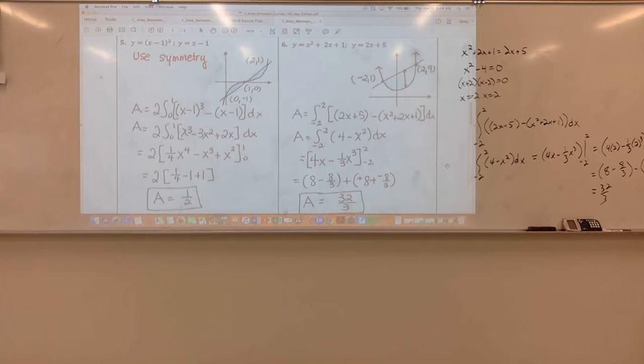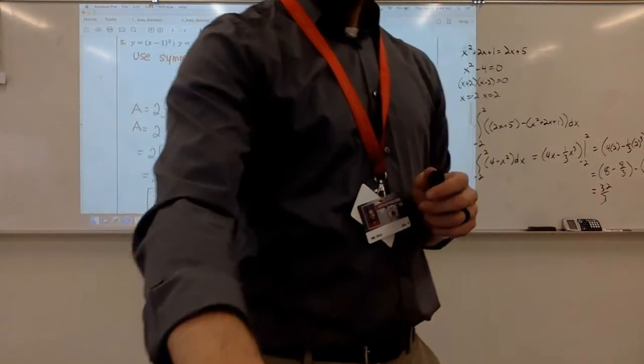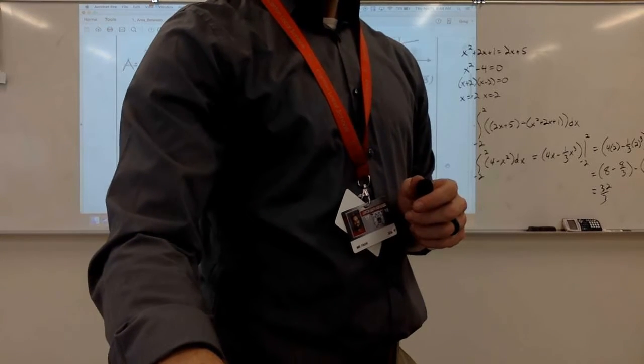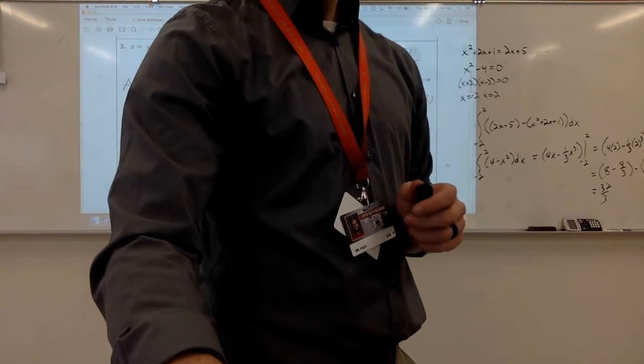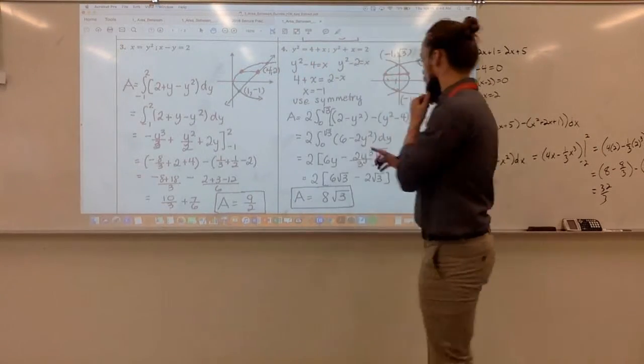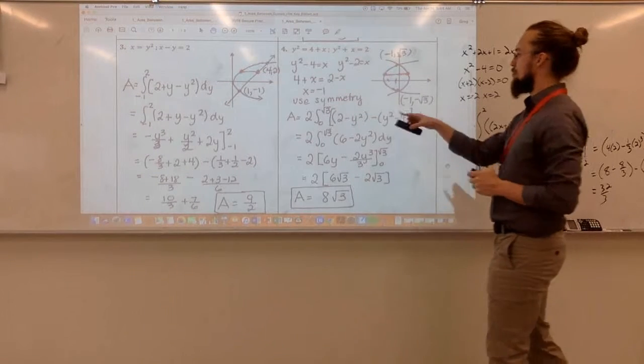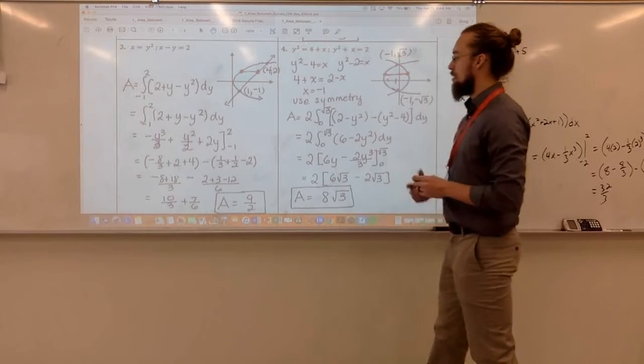Can you say number 4? Yeah. That's all. Okay. Cool. Yeah, your bounds would have been negative radical 3, positive radical 3. Yeah, I don't like how they did this using symmetry.